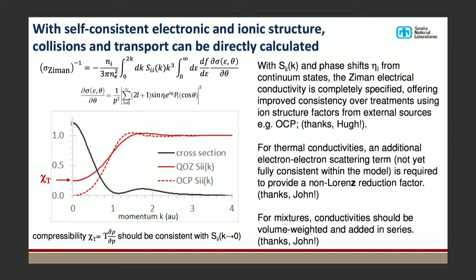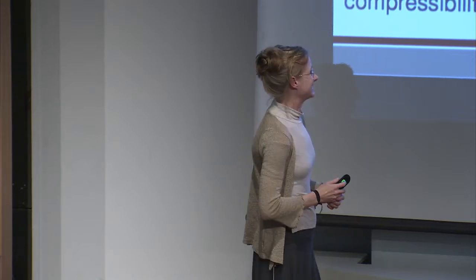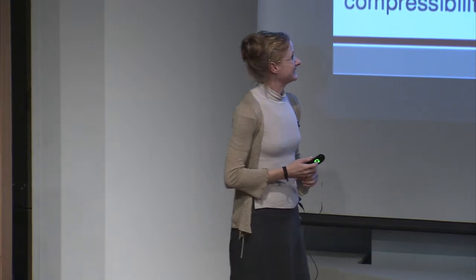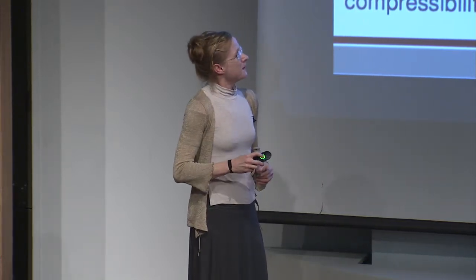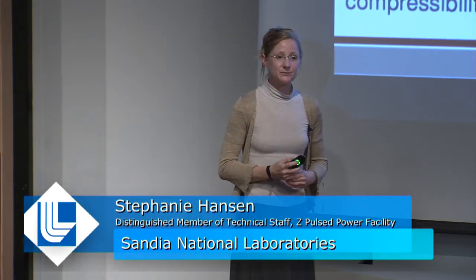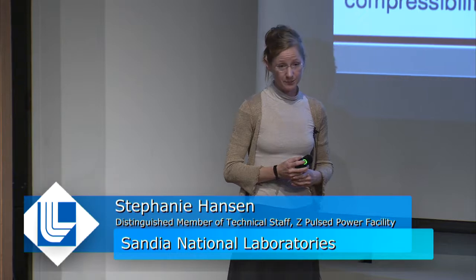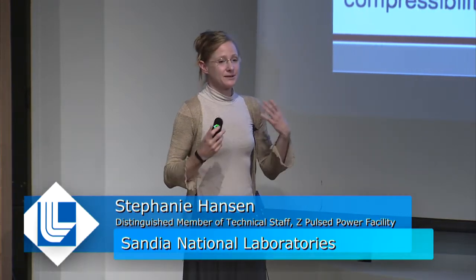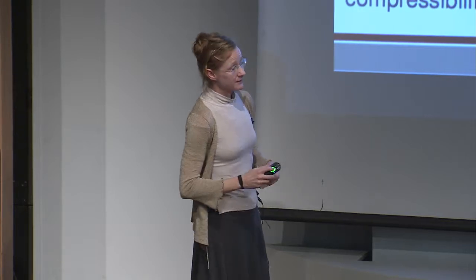As you heard in Heather's talk, and I should say that Hugh DeWitt was one of the people whose papers I found and went down and said, Hugh, what do you mean by this in the OCP? And he told me, and he gave me a Fortran code that explained exactly what he had done. So that was a delight. And then when I tried to extend this from electrical to thermal conductivities, I again went to John, and he pointed me to a paper by Hubbard and Lampe, where there's this non-Lorentz reduction factor that comes from the electron-electron collisions.